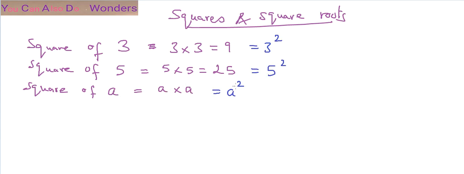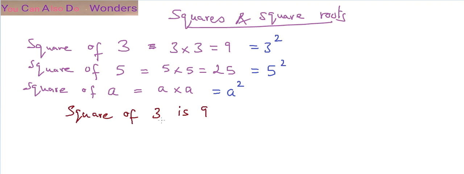So a square is a into a. Okay, so we saw square of 3 is 9.